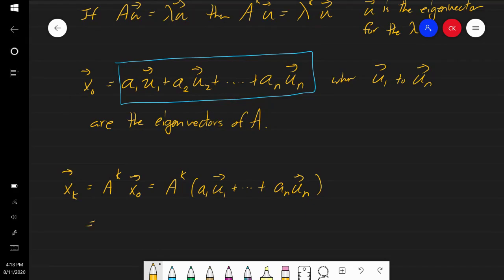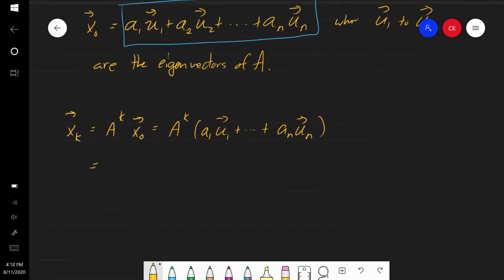And that's going to be equal to a sub 1 A to the k u sub 1 plus ... a sub n A to the k u sub n, just using the distribution of our matrices there.